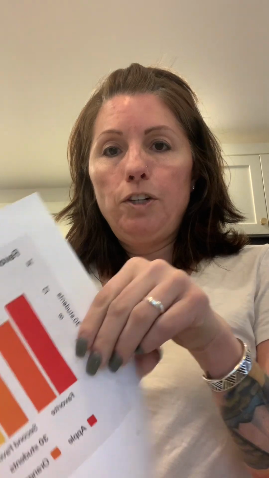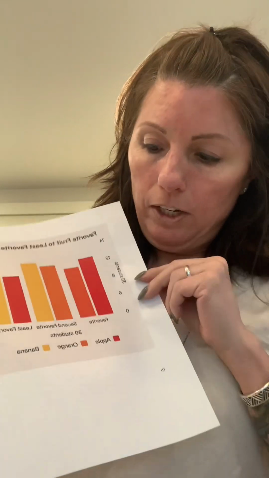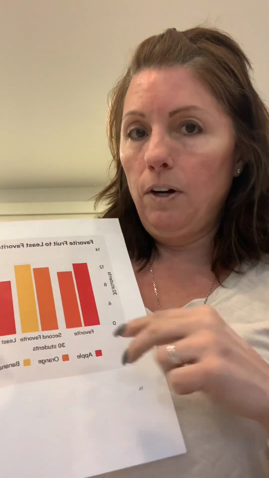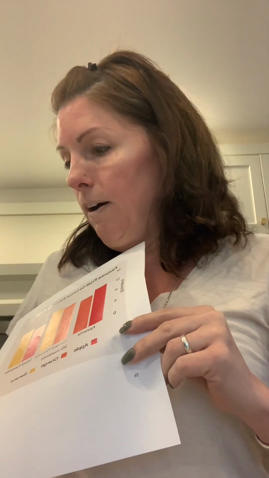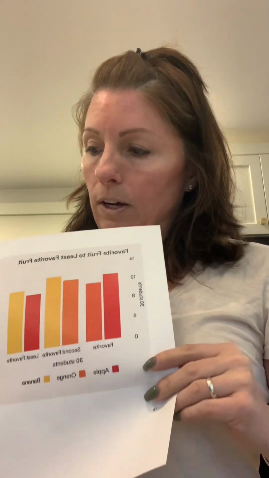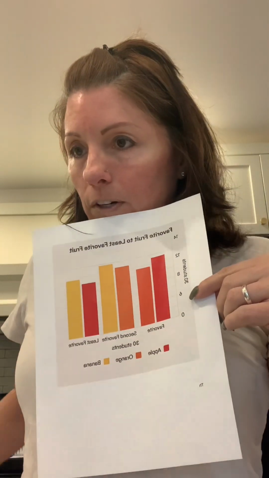Your graph should look like this. If you look here, you have the horizontal x-axis, and then you have the y-axis, which is the vertical.